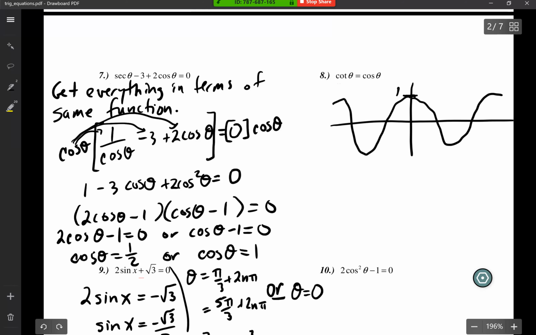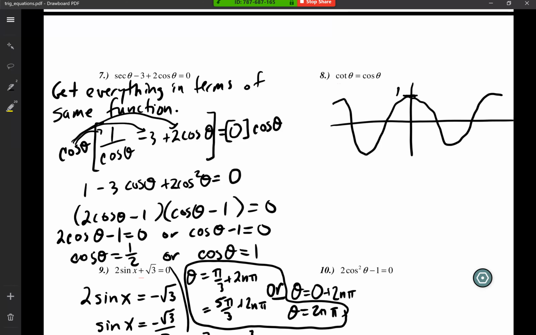That's up here. And then it hits at 2 pi again, so it would be plus 2n pi. And usually we would just write that as theta equals 2n pi, rather than having the 0 plus in front of it. It doesn't hurt to have the 0 plus in it. I'm just saying we don't usually write it that way. So this then would be your solutions to that particular equation.